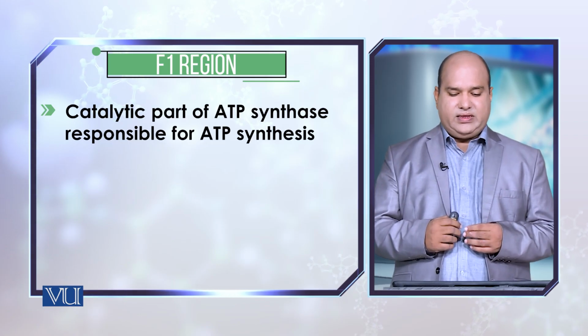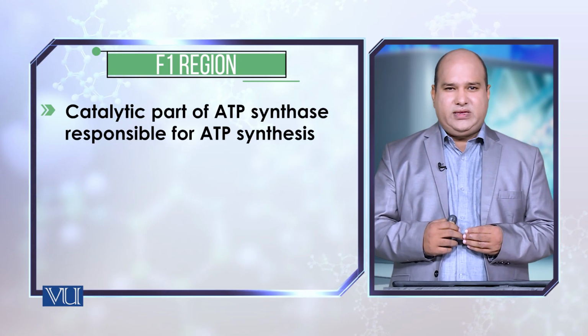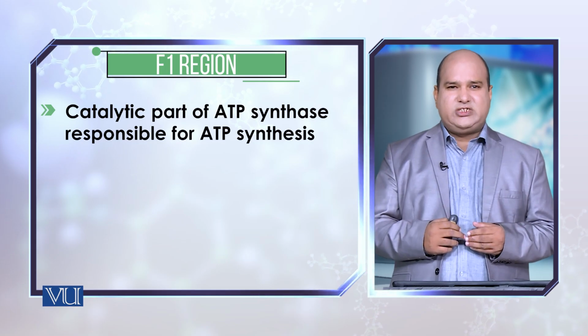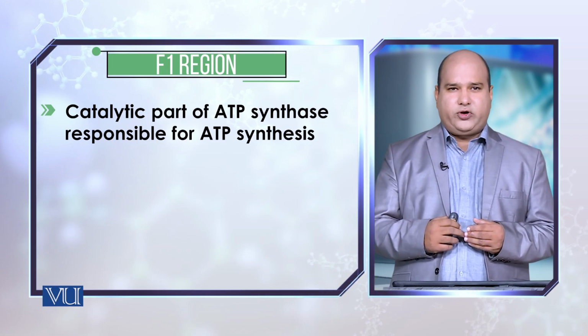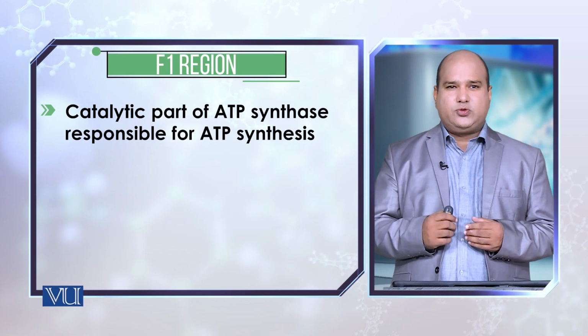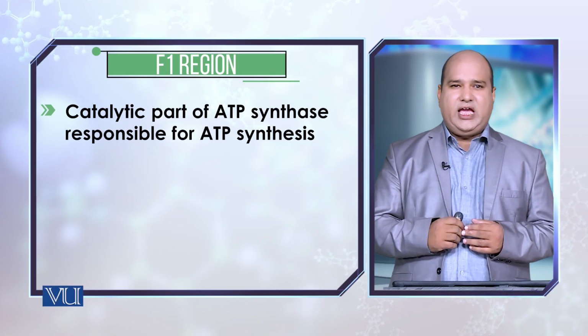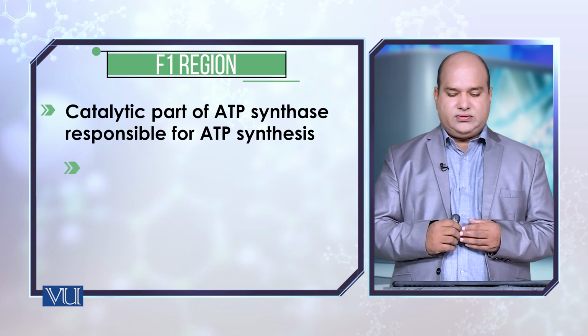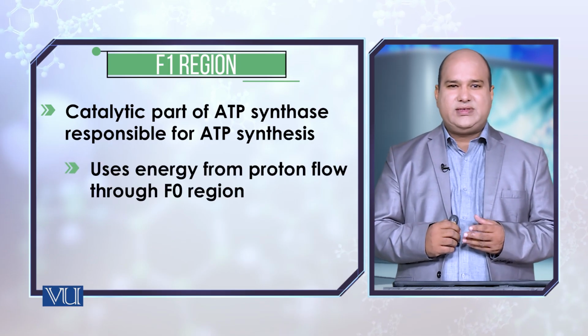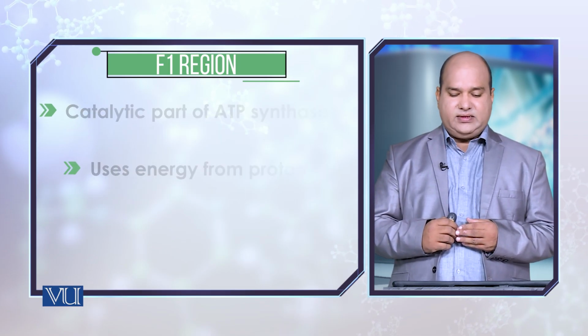The F1 part of the ATP synthase is the major catalytic unit of this enzyme. It produces ATP because of the energy which is provided by the flow of protons, which leads to the rotation of the F0 subunit, and because of this the ATP is synthesized.